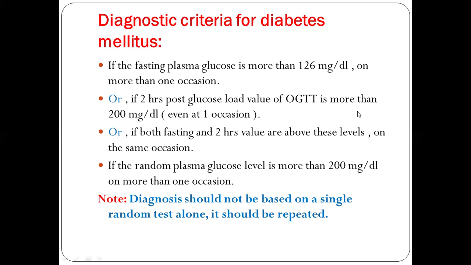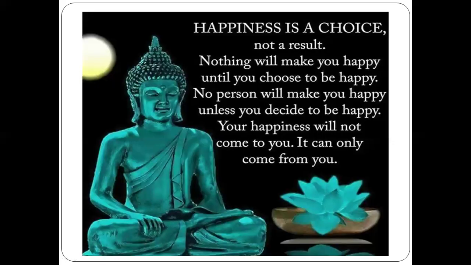So this is the WHO standard confirmatory criteria for diabetes mellitus. Keep in mind, if the fasting blood glucose is more than 126 mg per deciliter or postprandial is more than 200 mg per deciliter, that confirms the individual is suffering with diabetes mellitus.